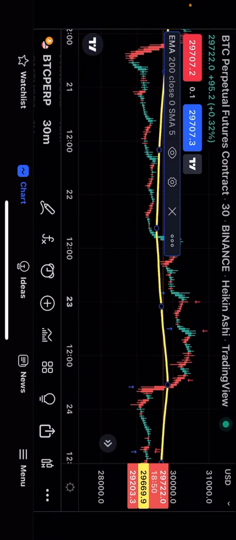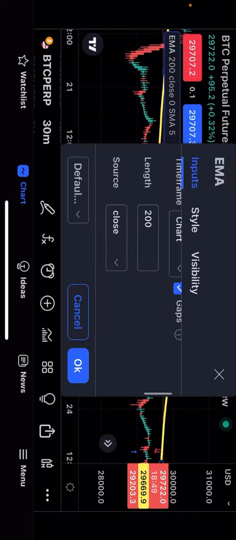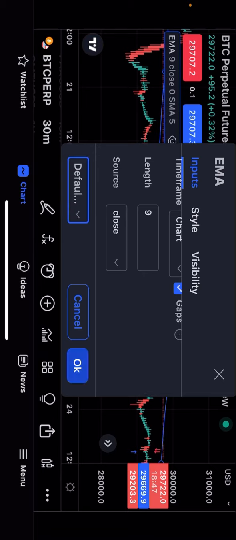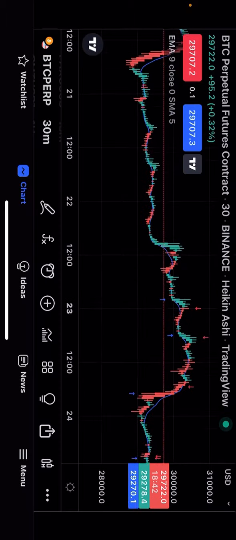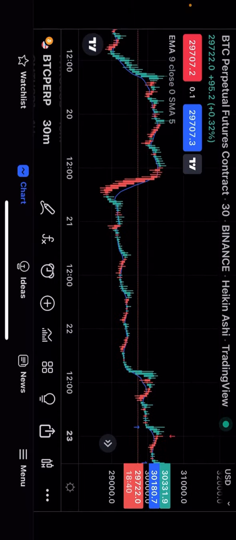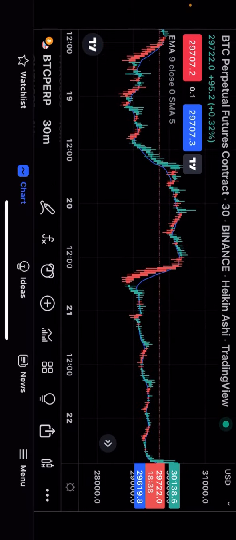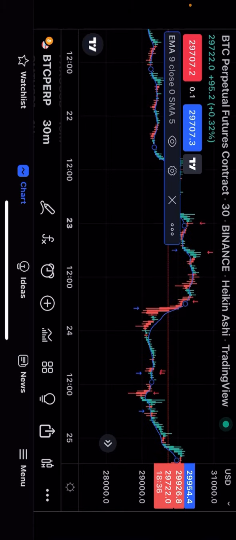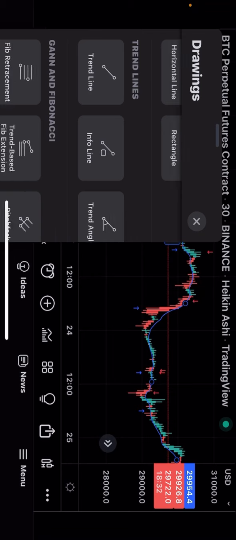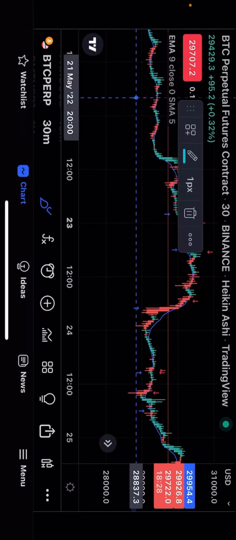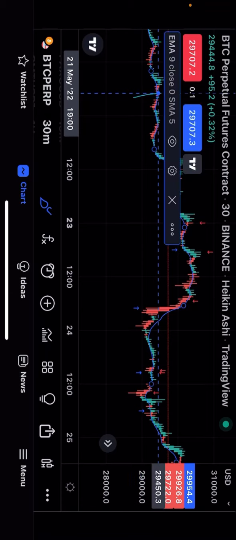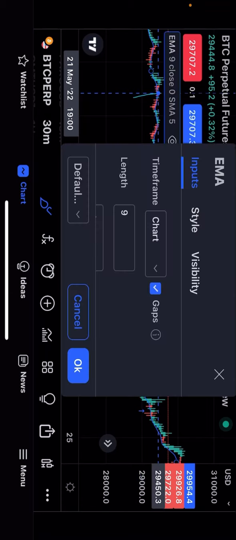Normally when you click on it, this is how the EMA will look, because I've actually changed my settings. But this is how the EMA looks when you click on it first. So you have to go down to settings. See this place here, let me use the brush. You click on this part here, EMA, click on settings.